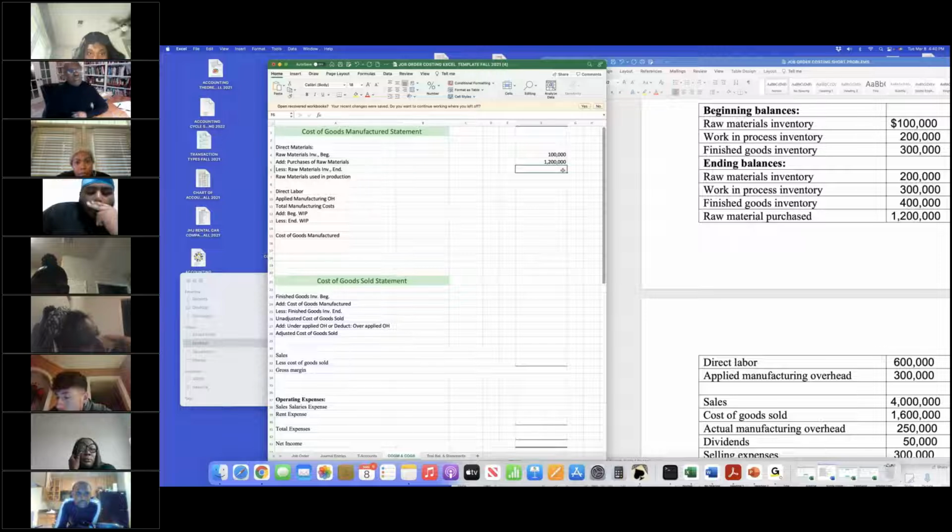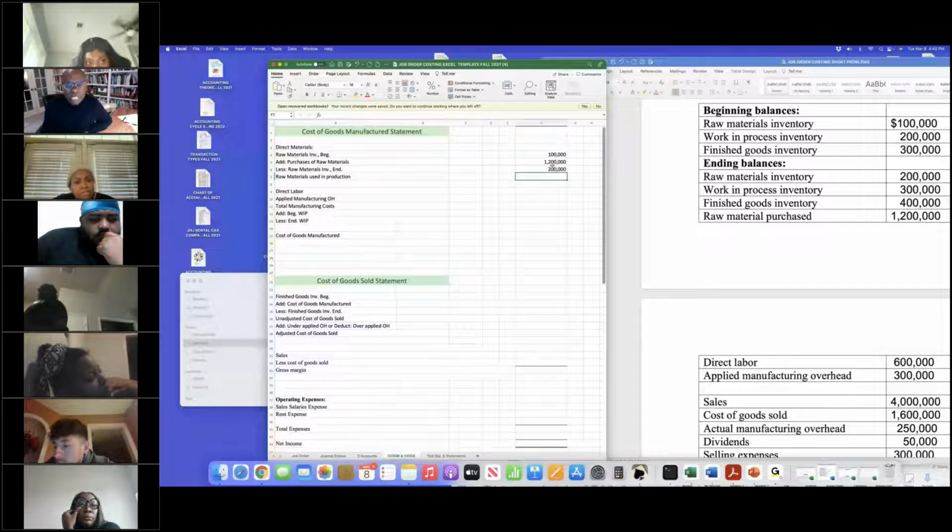So the $64,000 question is, how much raw materials were used in production? Do you add them up? Suppose you had $100 in the bank at the beginning of the month, and you put 1,200 in your account. Then at the end of the month, you got $200.